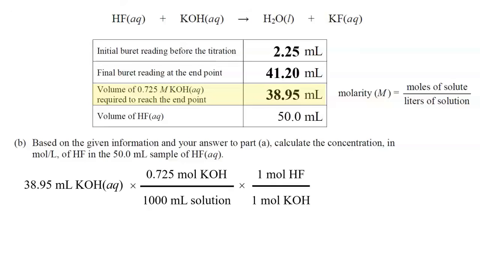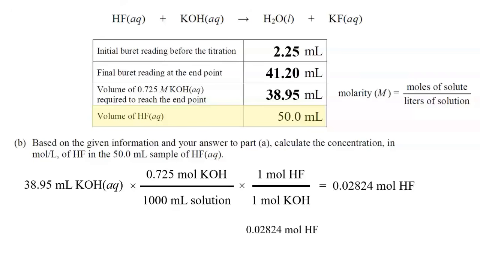If we do this math, we get 0.02824 moles of HF. And since the volume of the HF solution was 50.0 milliliters, we're going to do molarity as moles over liters. So 0.02824 moles of HF divided by the volume in liters.